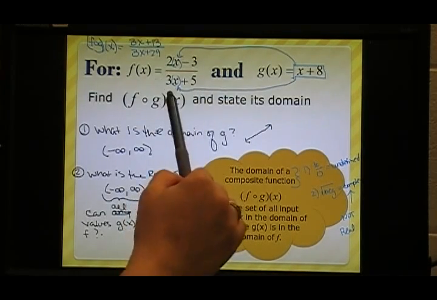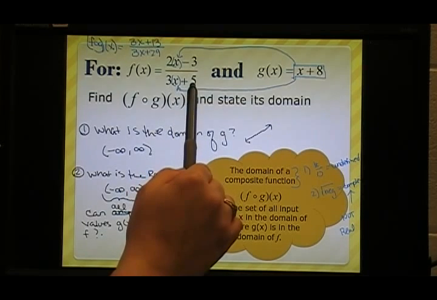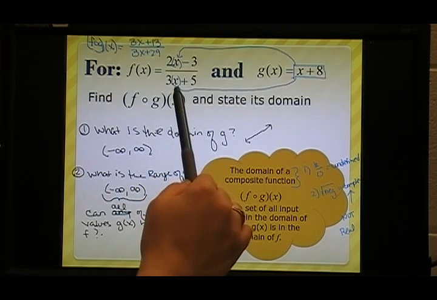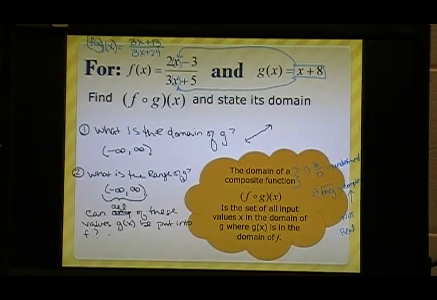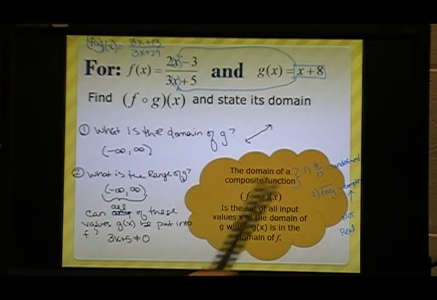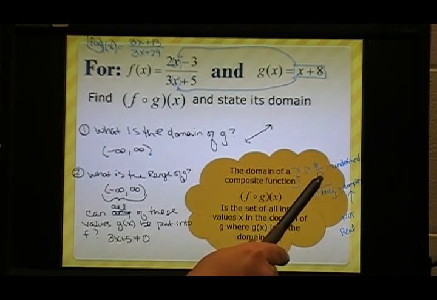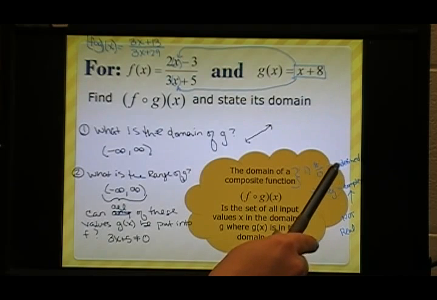Looking at the denominator here, this denominator cannot equal 0, right? Our 3x plus 5 cannot equal 0, because if it does, then we'll have a number divided by 0, which is undefined.